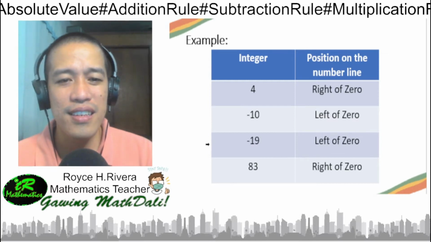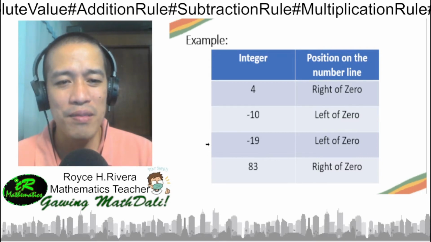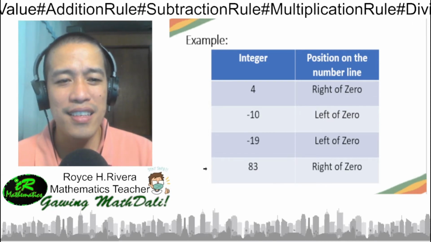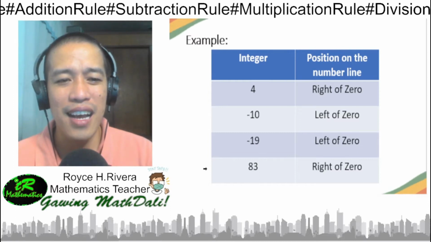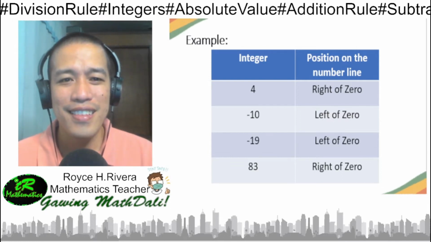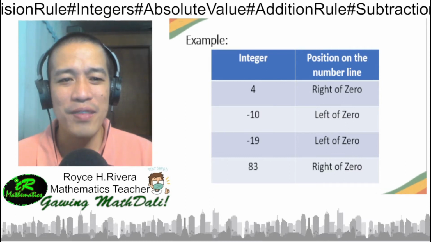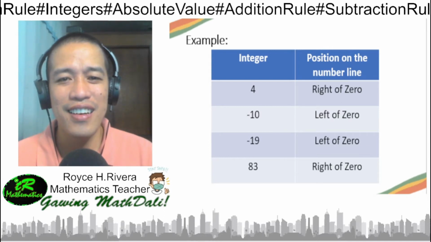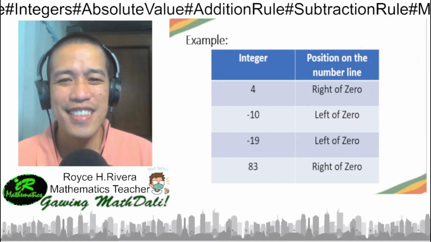The third integer, negative 19, is also at the left of 0. 83 is a positive integer. Therefore, its position is at the right of 0. Sana nasundan. Positive integers are to the right of 0. Negative integers are at the left of 0. Let us continue.